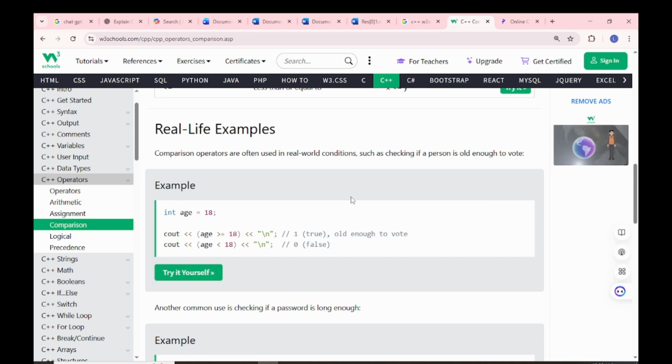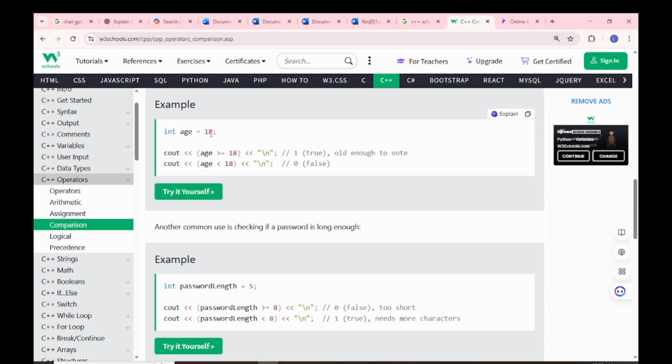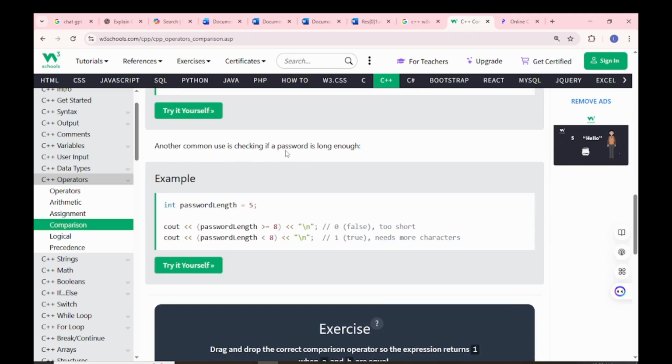Okay, real life examples. Comparison operators are often used in real life conditions, such as checking if a person is old enough to vote. So integer age equals 18, cout age greater than or equal to 18. Okay, so true, old enough to vote, so not 0, false. Another common use is checking if a password is long enough.